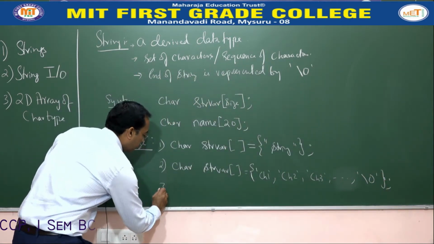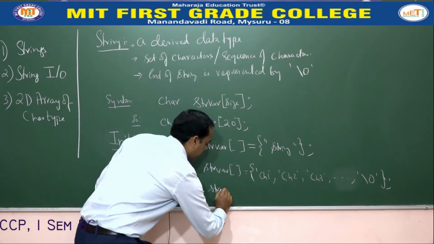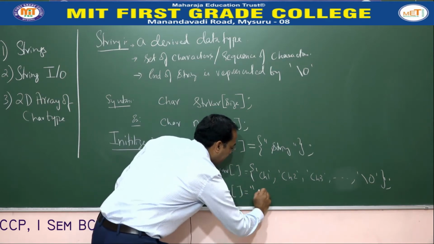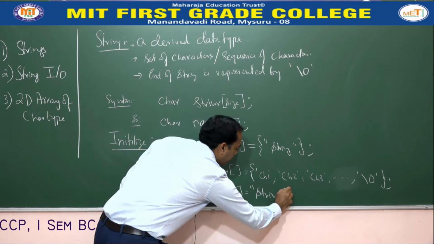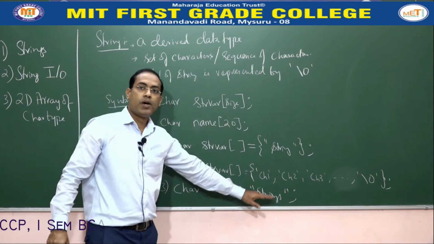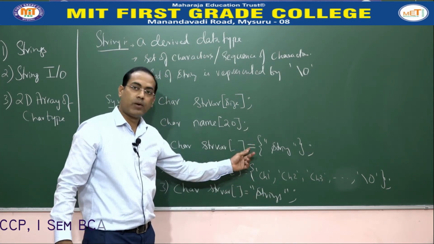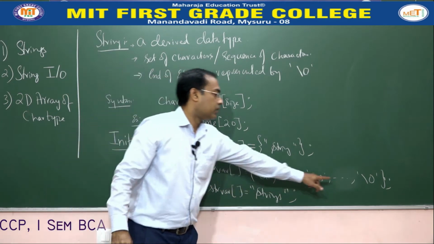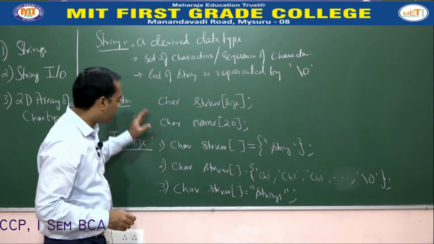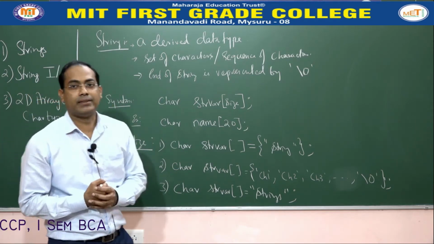You can also initialize in this way, directly within the quotes without using the flower brackets. In this case, \0 will automatically be appended, whereas in the other case you have to write the \0 on your own. So now we learned about the definition of string and string initialization.